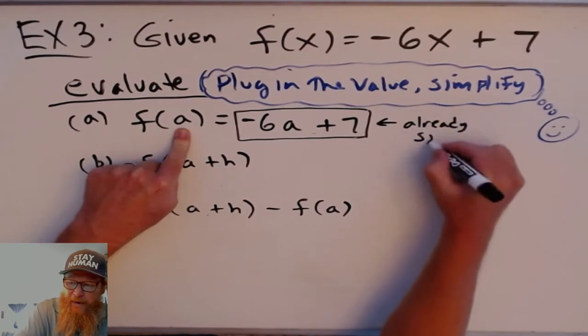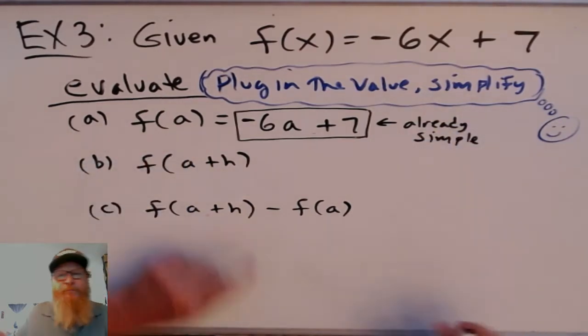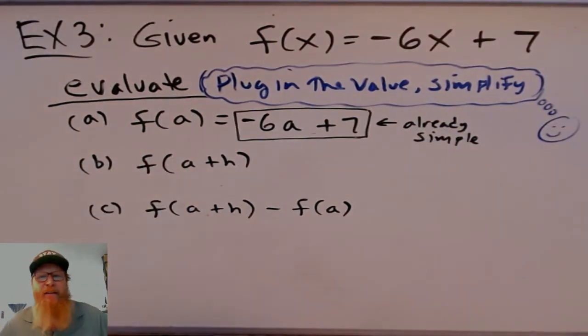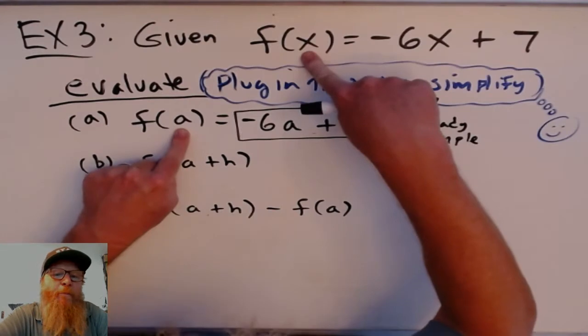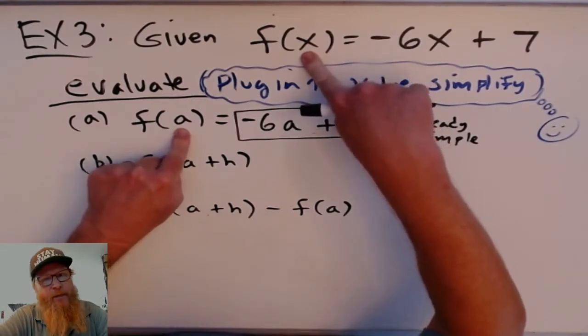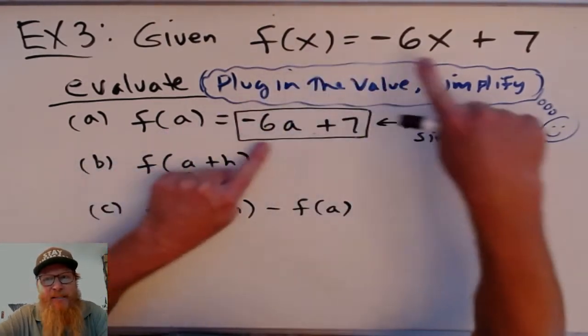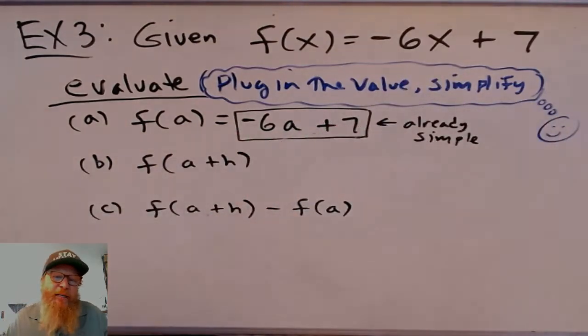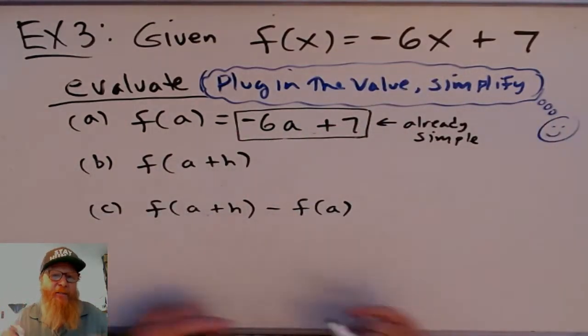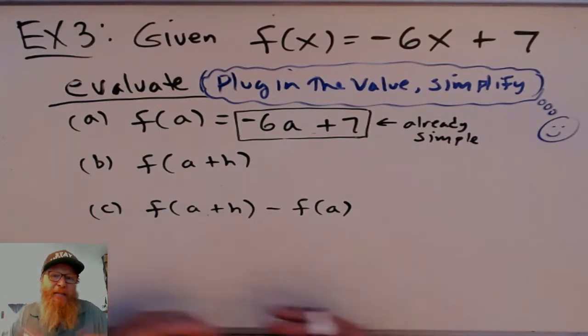It's already simplified. So I don't have anything to do in that part. That part's done. Sometimes this is referred to as a replacement value. I'm just swapping my x's for a's. Doesn't change the function in any way. It just changes the appearance of the function. It's been replaced.